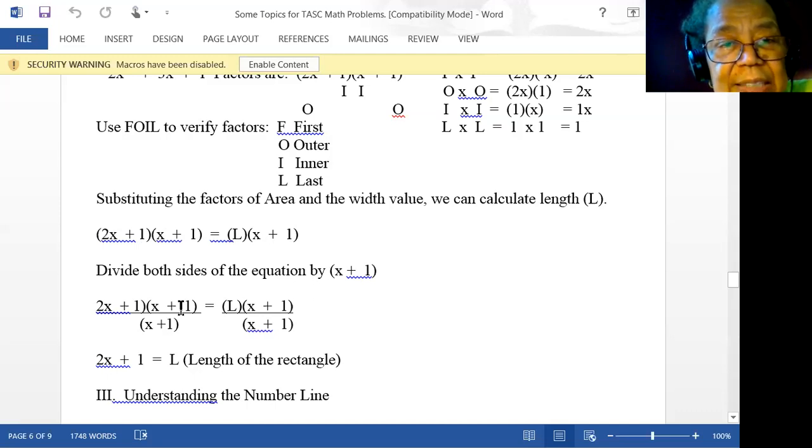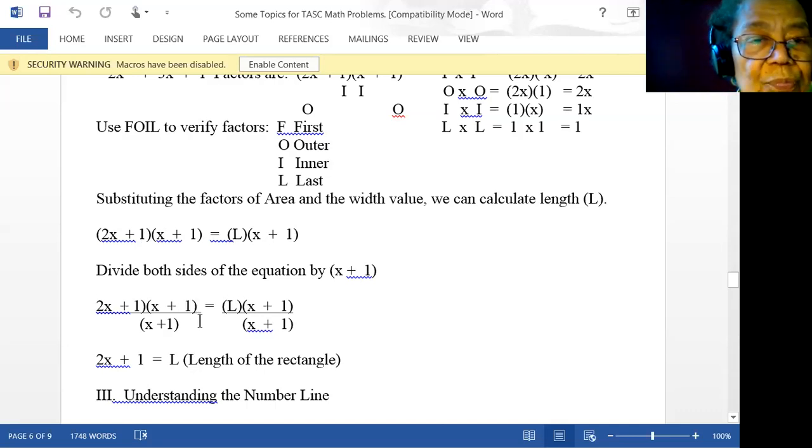Now notice x plus 1 cancels here. This cancels to 1, and we have 2x plus 1 equal to length. So we have left 2x plus 1 is equal to the length of the rectangle.